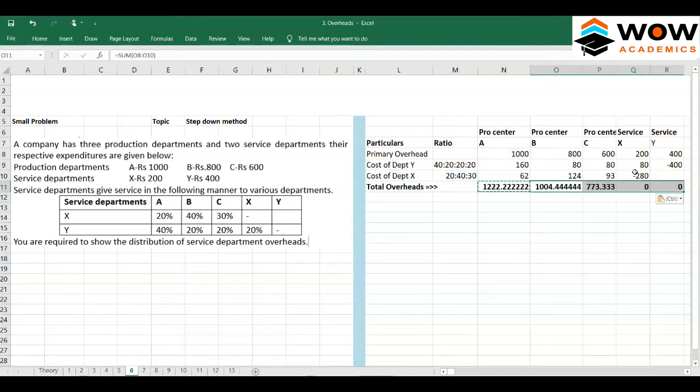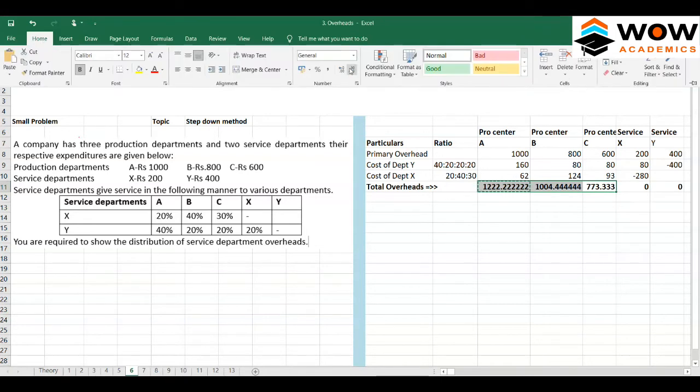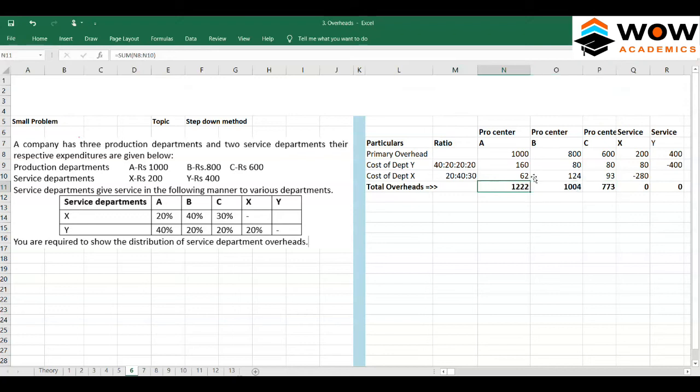So again X and Y has to become 0. So these numbers will get added. So the service department cost now has to be borne by the production department centers. So that's again about the step down reapportionment. Now we'll move on to the next method.